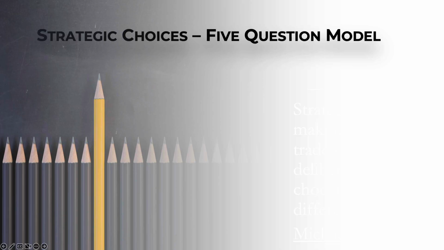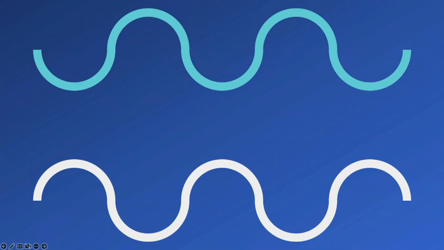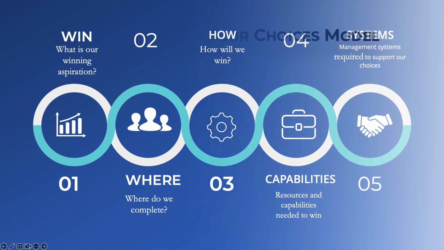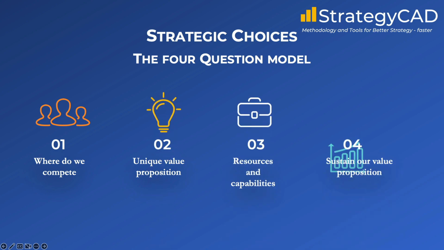From phase 1, we looked at the strategic choice models: the Lafley and Martin 5 choice model, the Jeff Dyer et al. 4 choice model, and we created the StrategyCAD unified choice model.